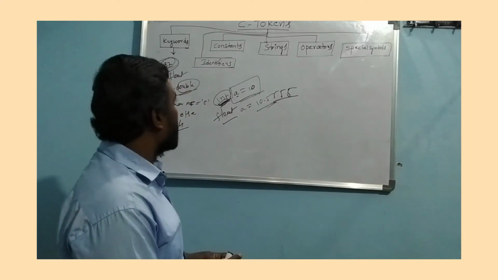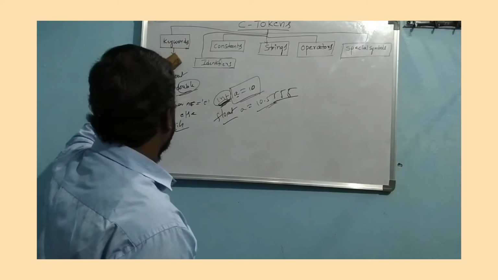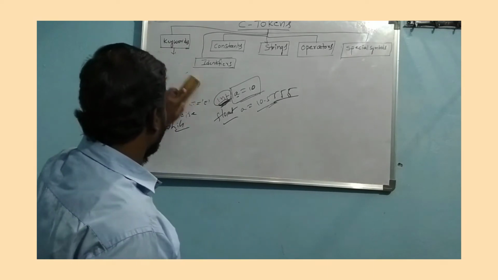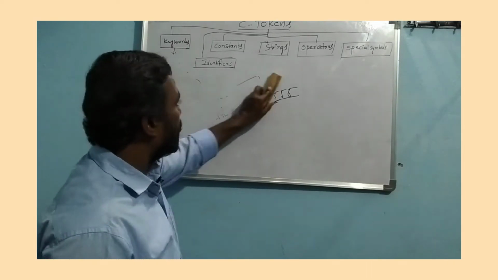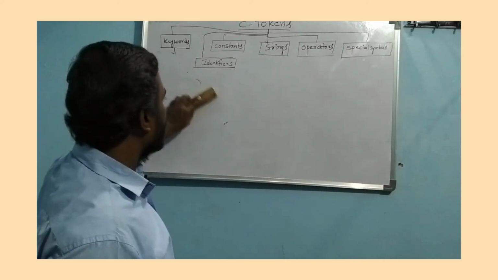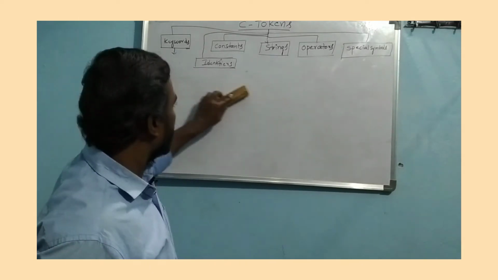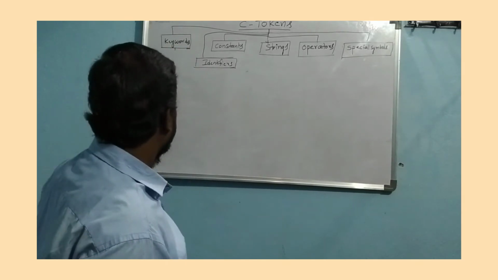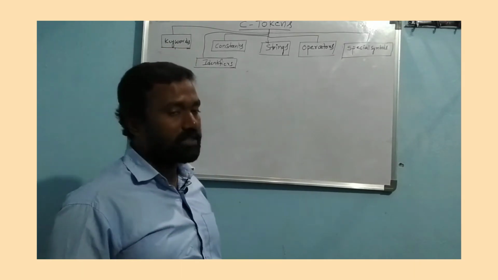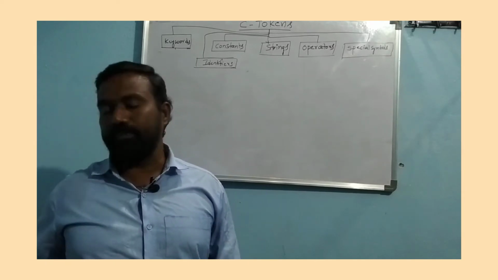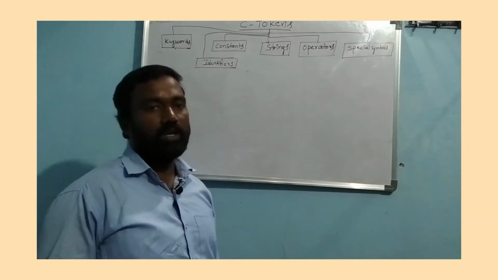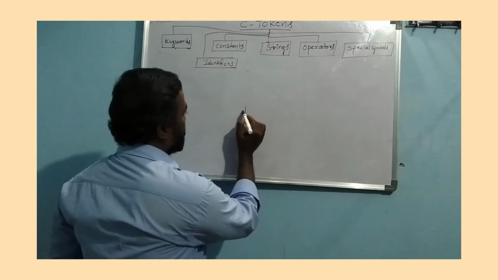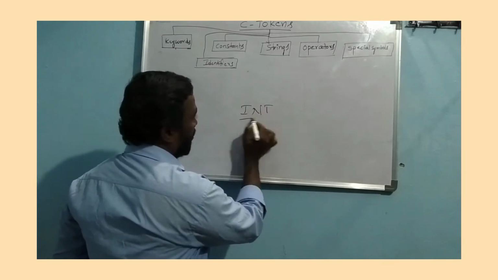So the next one is constants. The keywords are totally 32, and they have a fixed meaning that cannot be changed. One more important thing is that keywords are written in small letters. The declaration is not changed, and the meaning of the keywords cannot be changed. If you write int in capital letters, it is not taken.